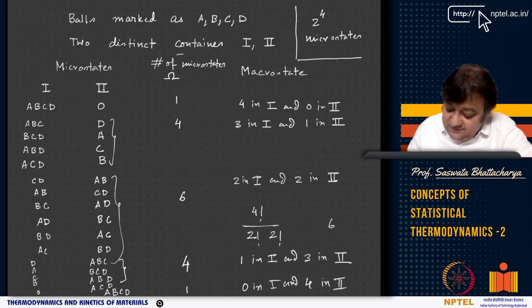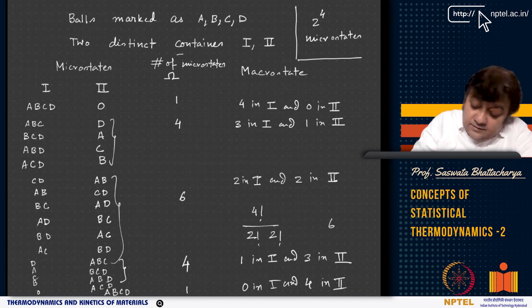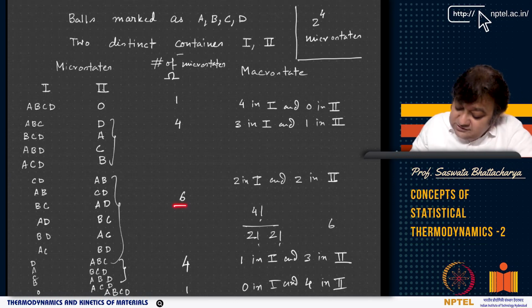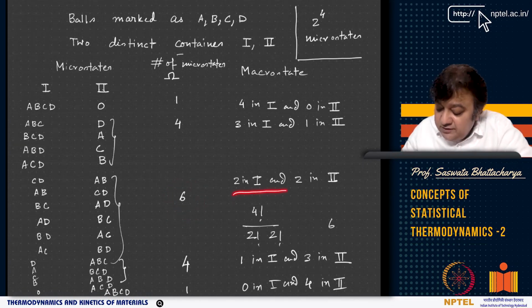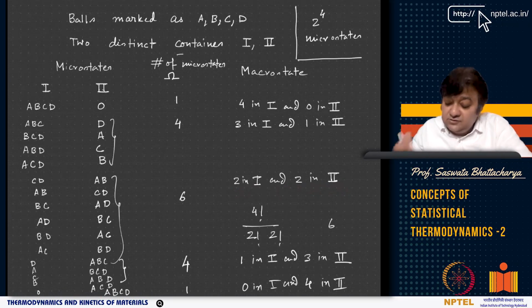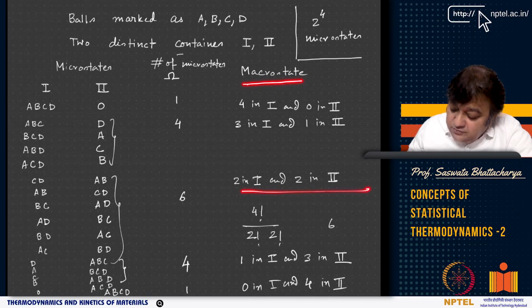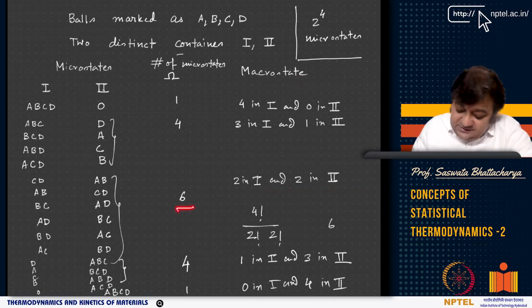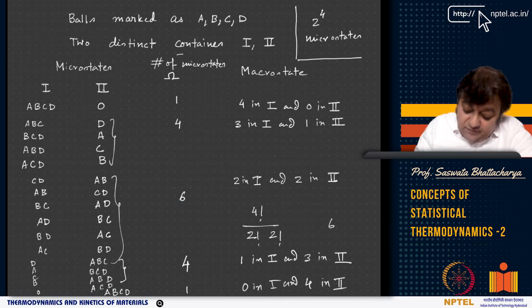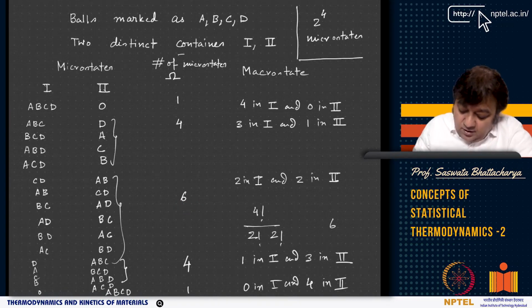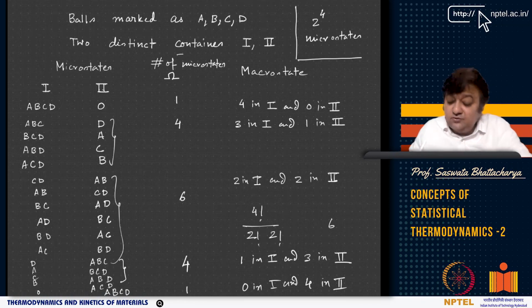So the maximum number of microstates corresponds to the macro state 2 in 1 and 2 in 2, right? Please note that this is the macro state, 2 in 1 and 2 in 2. And what are the 6 possible microstates? We have C and D in 1 and A and B in 2, or A and B in 1 and C and D in 2, right?